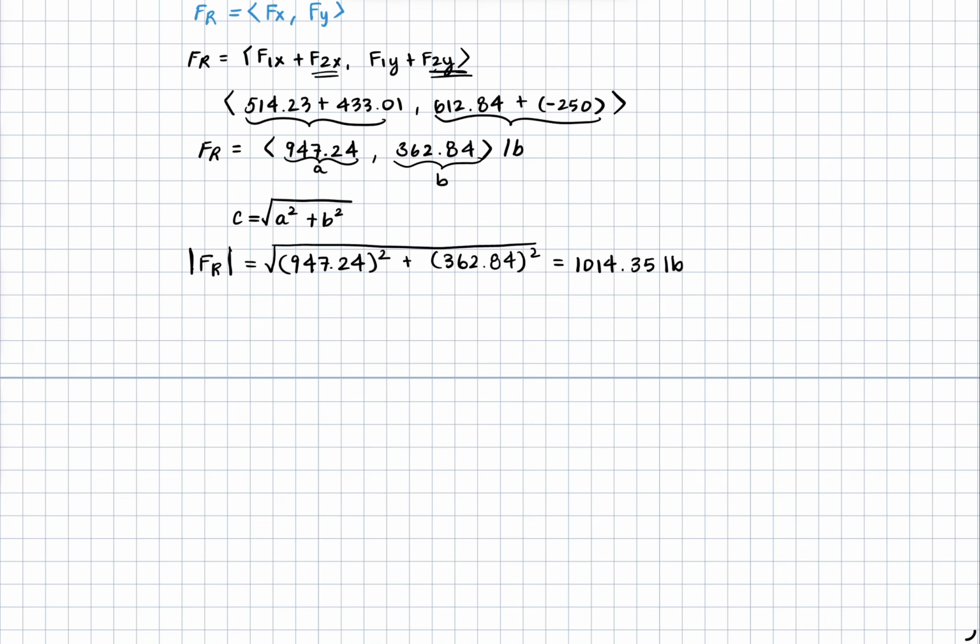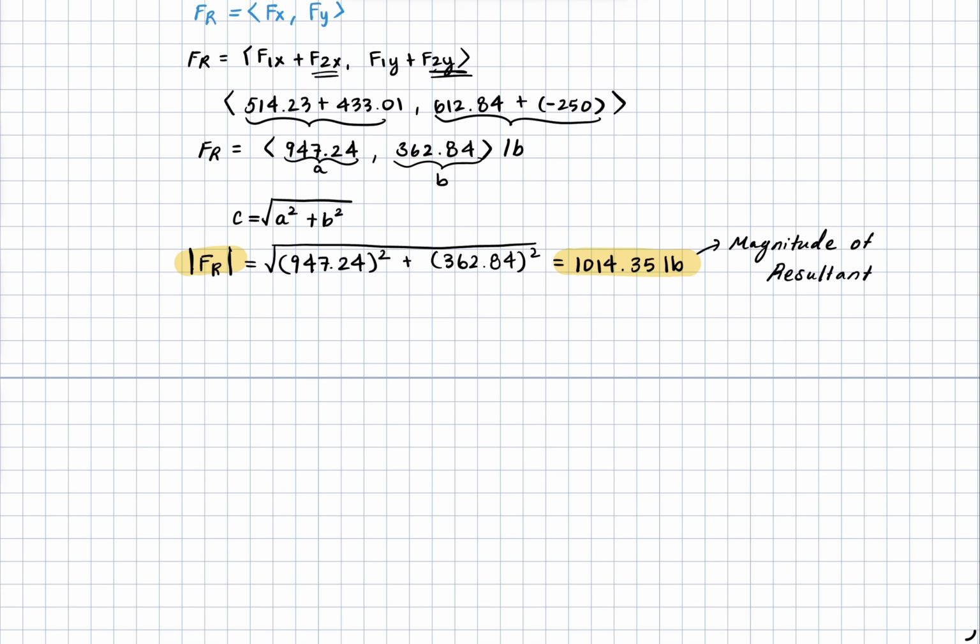So this is the magnitude of our resultant force. I'm going to write that down. So we have the resultant, or magnitude of resultant.